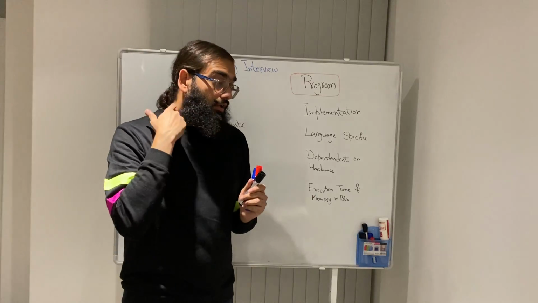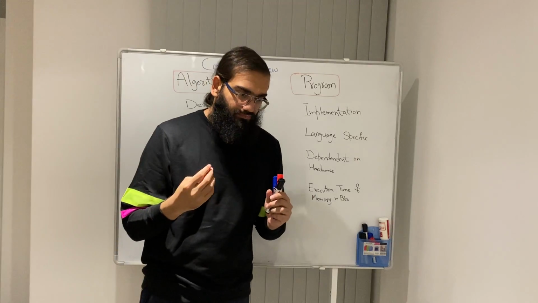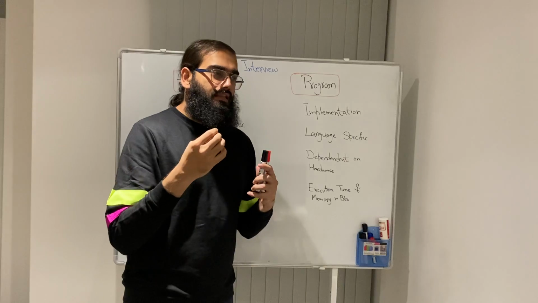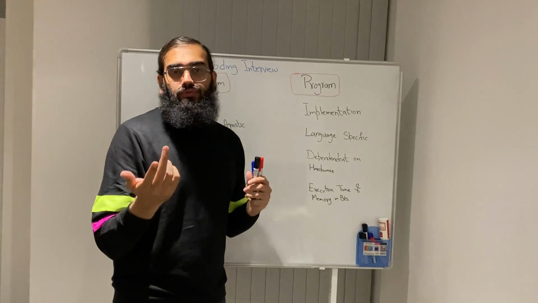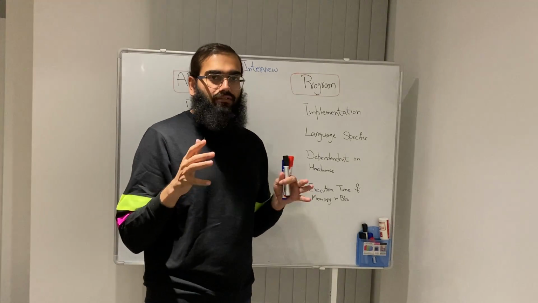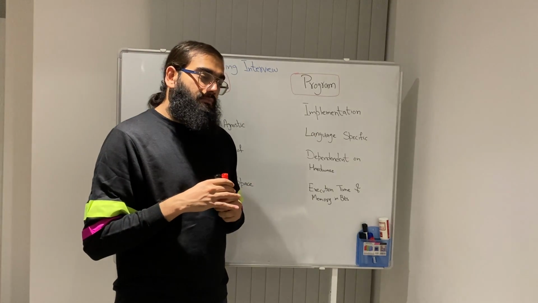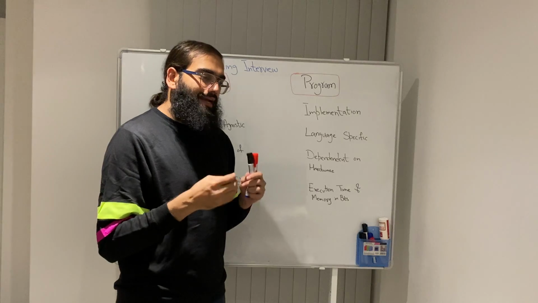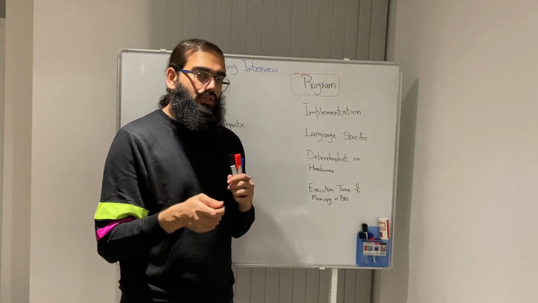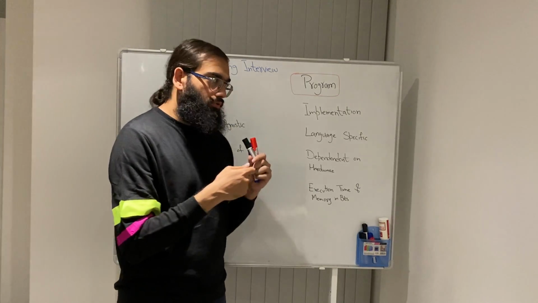Or you can use pseudocode, which mostly everyone knows. In the case of an implementation, it's proper code which is going to be executed on a machine. So there is a very big difference between the two.